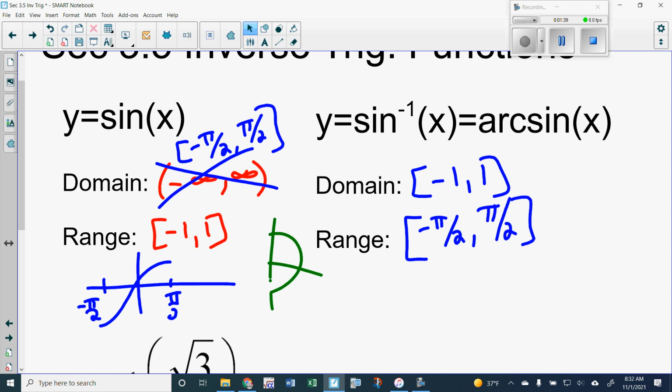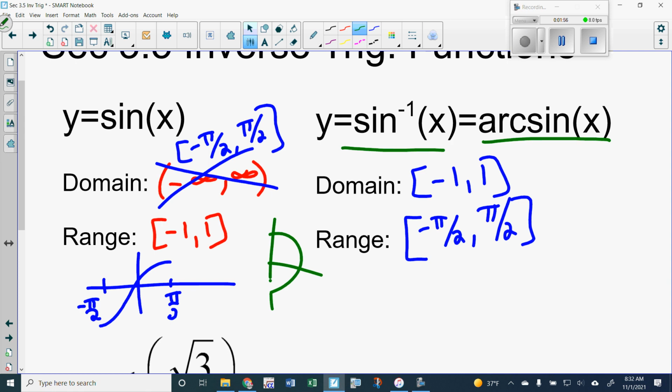Now, I want to mention here, we use sine to the negative 1 to mean inverse. Sometimes some places will use arc sine to represent inverse sine.